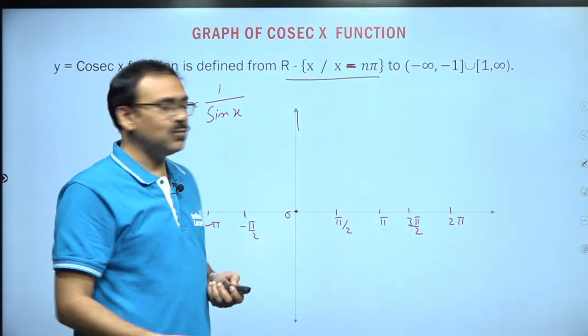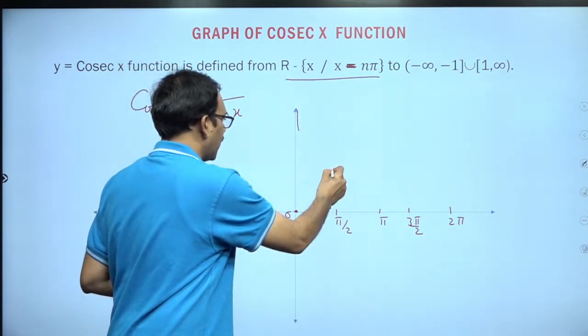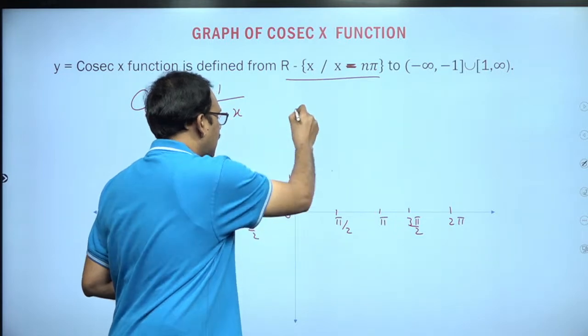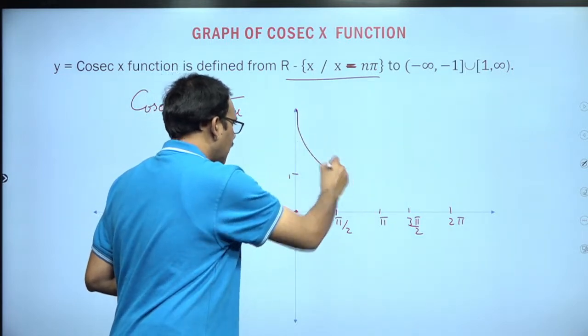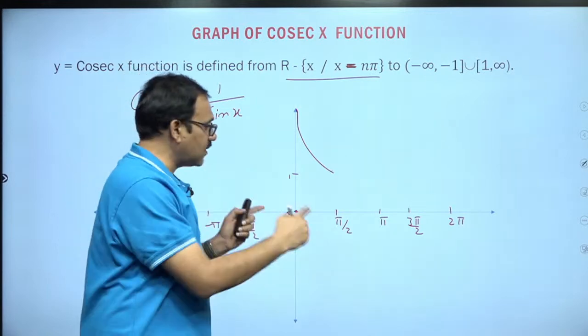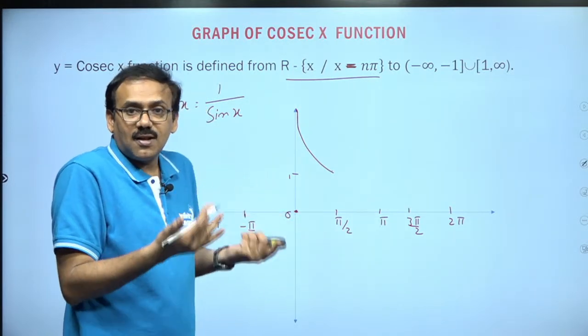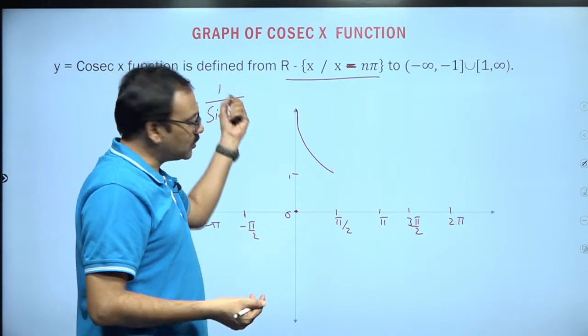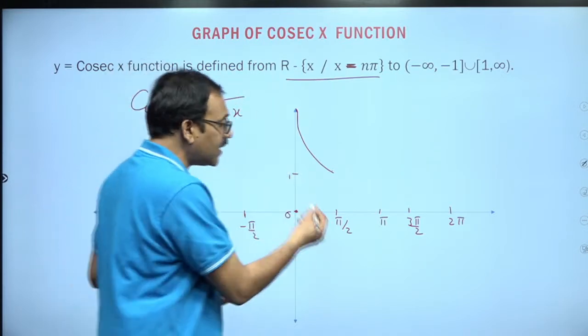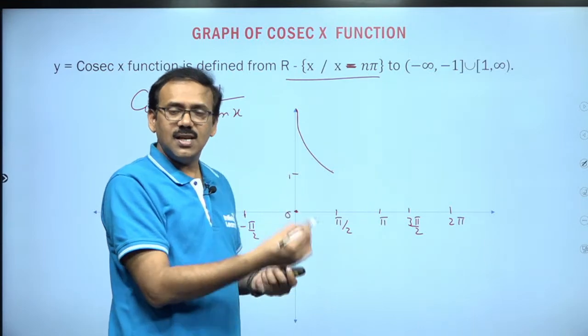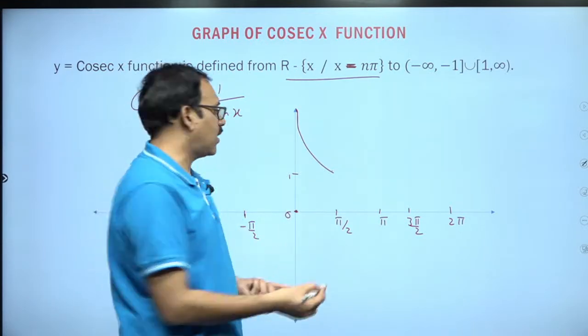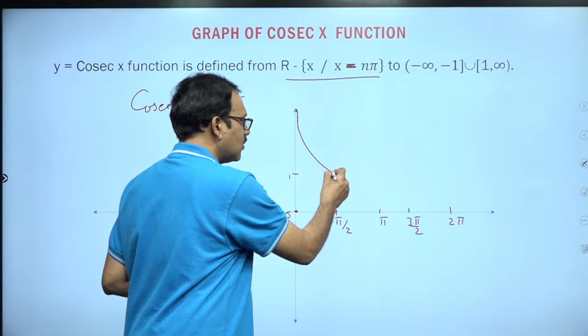At pi by 2, 1 by 1 becomes 1, suppose this is 1. It gradually decreases to 1, because friends, sine takes the values from 0 to 1 whose reciprocals will be greater than or equal to 1. So, this is why the cosecant graph will be there. In the second quadrant, sine is still positive, so cosecant is also positive.